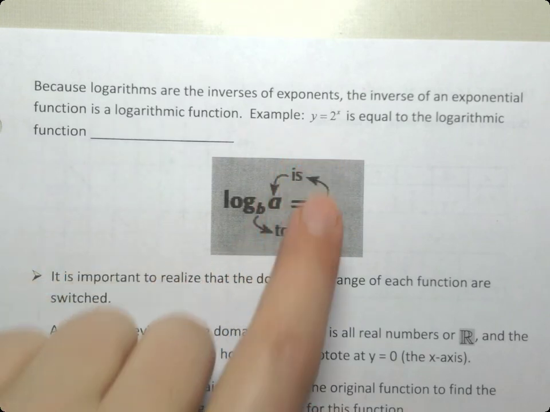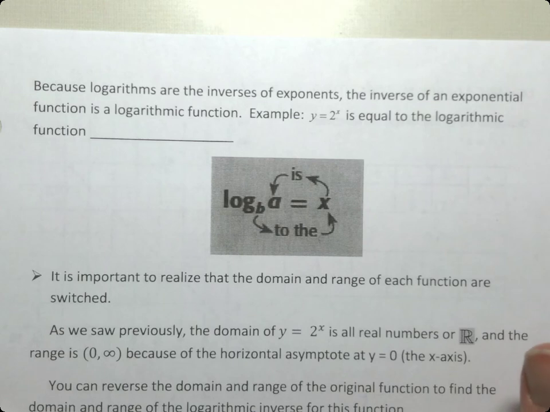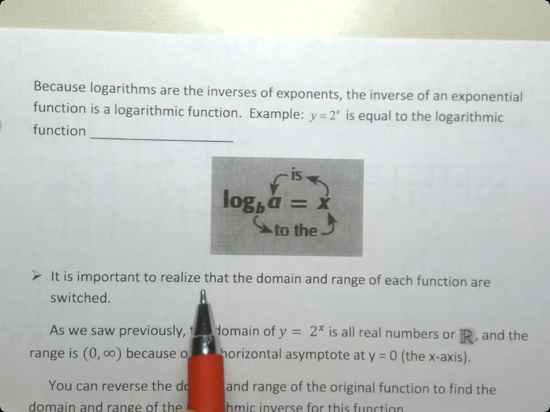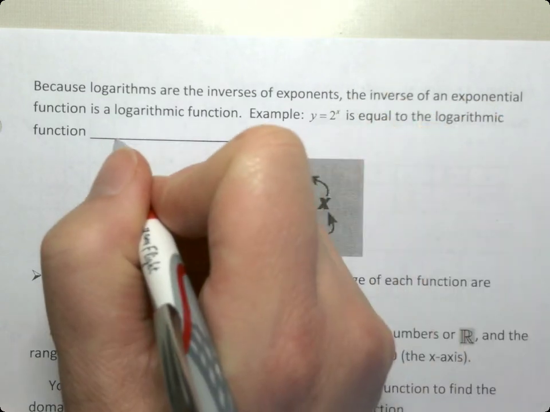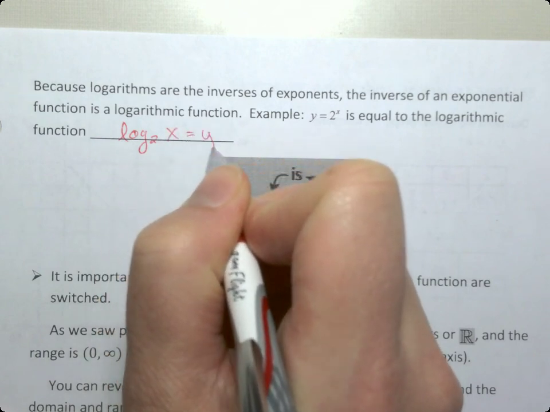What would be the inverse of y equals 2 to the x? Well, when we find an inverse, what is it? No, it's not going to be log xy. When we find inverses, don't we switch the x and the y? So if you think about it, it's going to be log base 2 of x equals y.